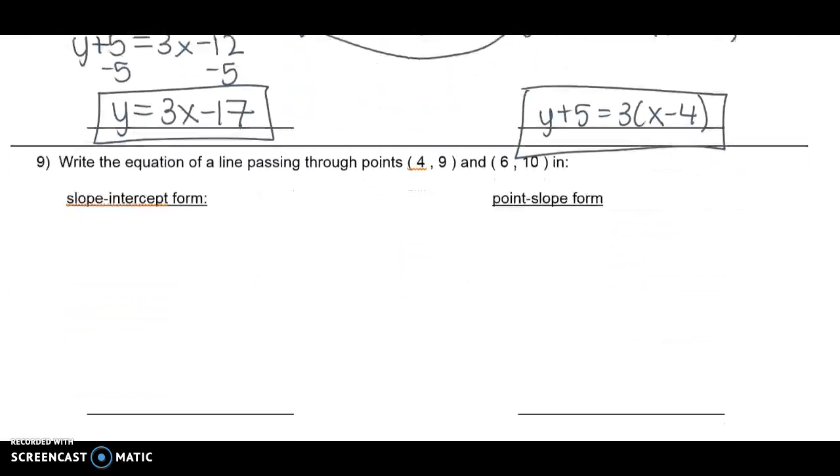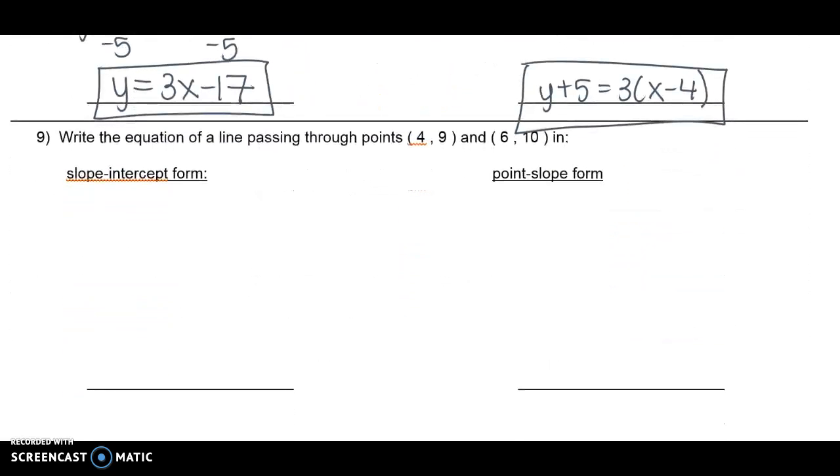Okay, let's try one more, dealing with 2 points, and we're trying to write an equation of a line passing through these 2 points. So my 2 points, we have 4, 9, and then 6, 10. So I have a point, but notice in both of these, I need a slope. So my best suggestion here is to find your slope.